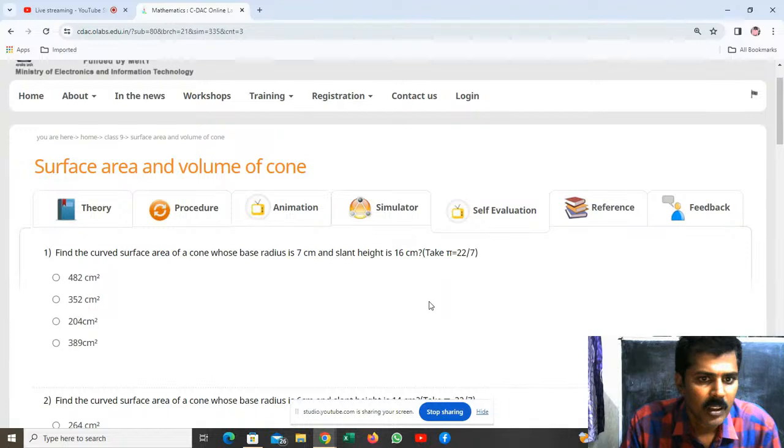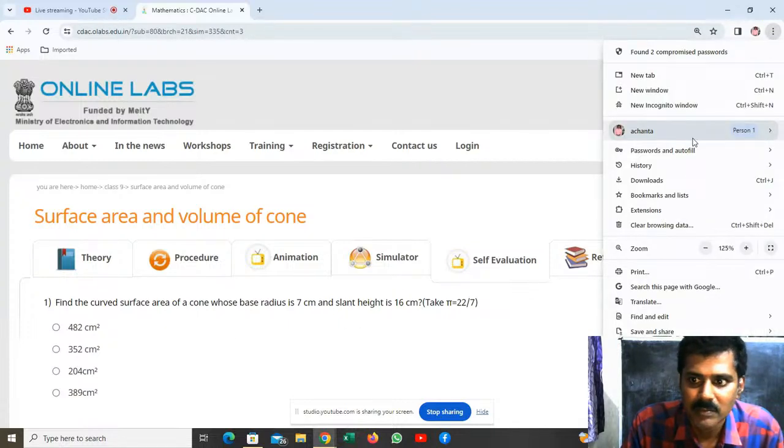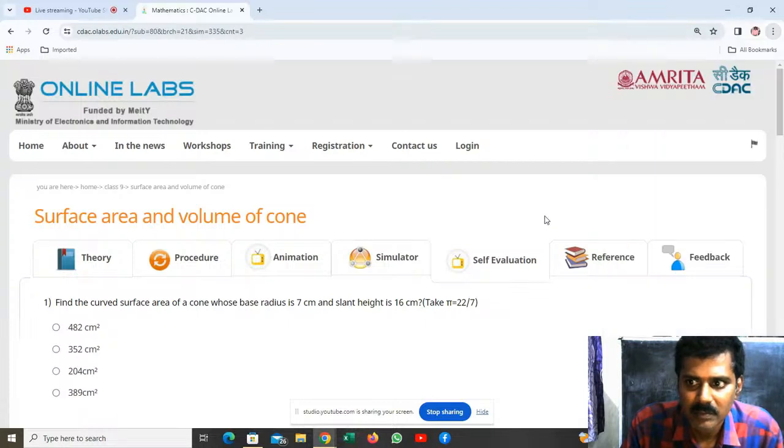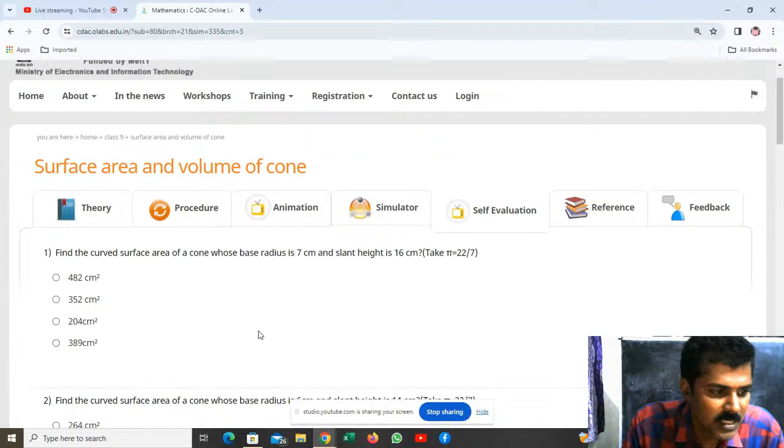Yeah. Now say the answer, the first question answer. I didn't get from anyone. Find the curved surface area of the cone. The question is: find the curved surface area of the cone whose base radius is 7 centimeters and slant height is 16 centimeters. Yeah, do it.